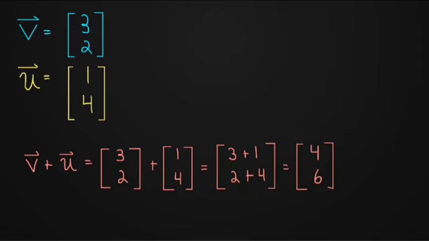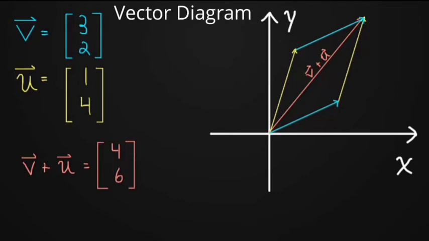To draw the diagram for this, vector v has the component 3 and 2 and vector u has the component 1 and 4, where the addition of both vectors is 4 and 6. The vector v starts from the origin and also vector u starts from the origin, with both vectors between north and east in different directions.